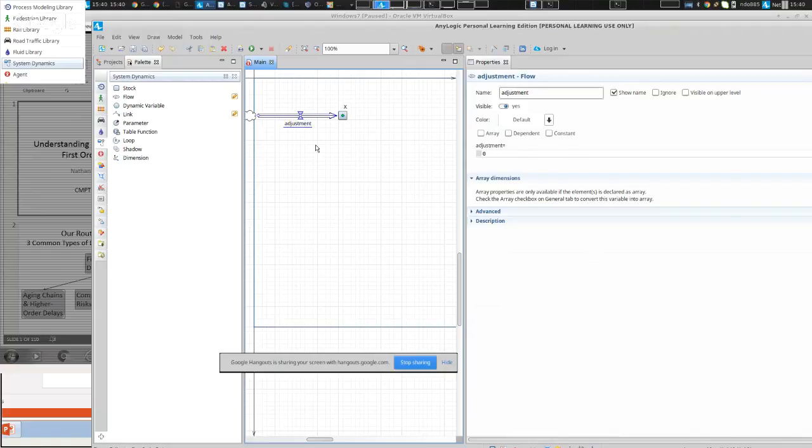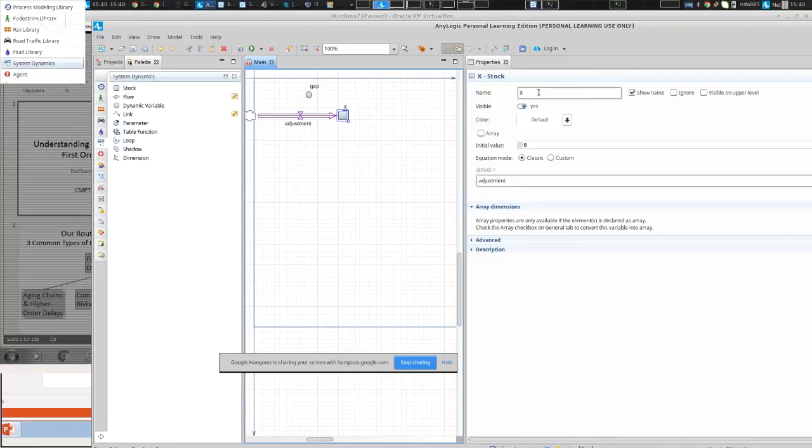Next, we will create a dynamic variable. This dynamic variable will be called gap. Give me the gap between, actually, I'm going to rename this. I'm sorry, folks, I just clicked there. To make it clear, I'm going to call this perceived X. So it's a perception of some X. Okay, how did I do that?